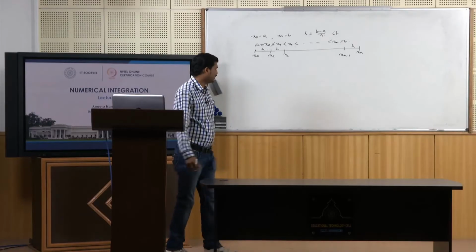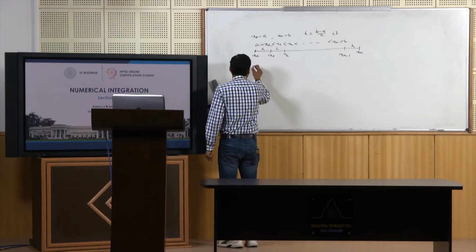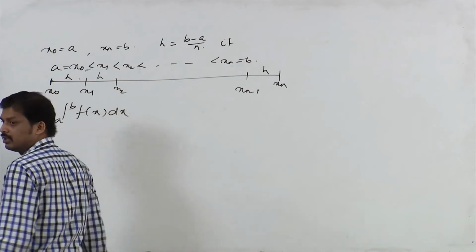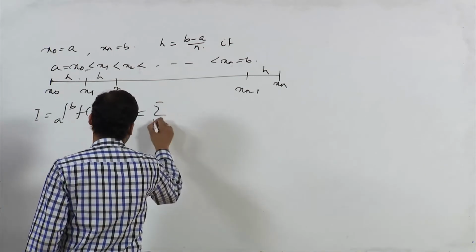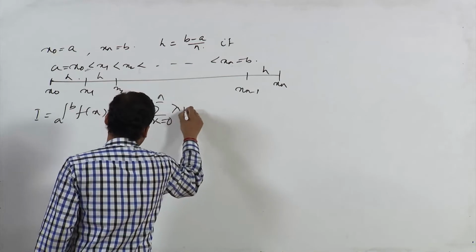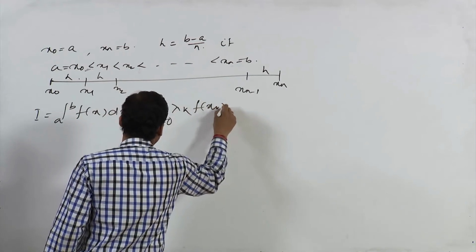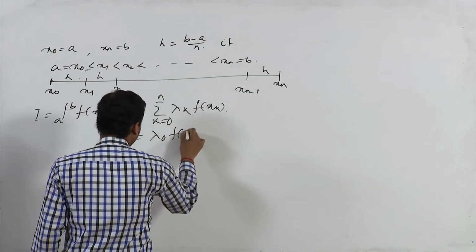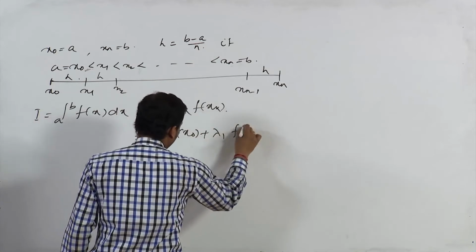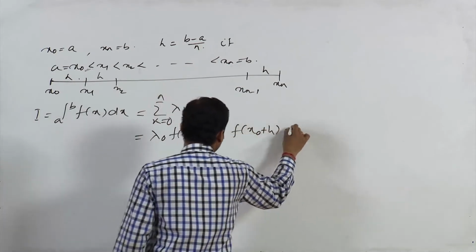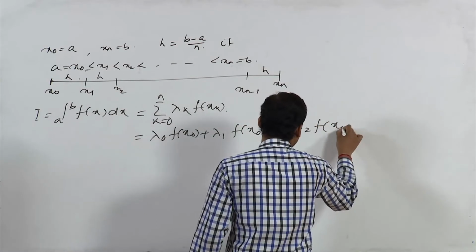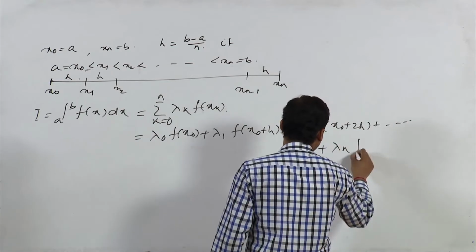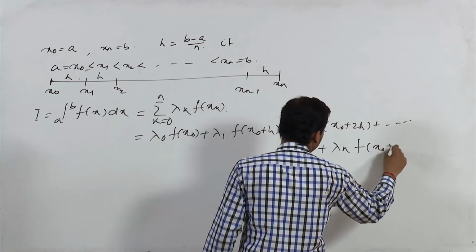Then we can write this integration I equals integration a to b f(x) dx, this equals summation k equals 0 to n λ_k f(x_k) here. Usually we can write this as λ0 f(x0) plus λ1 f(x0 plus h) plus λ2 f(x0 plus 2h) up to λn f(x0 plus nh) here.